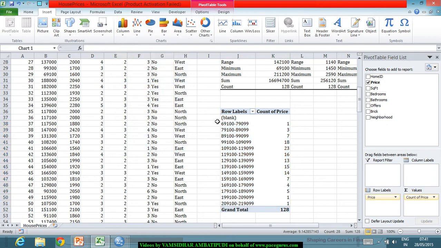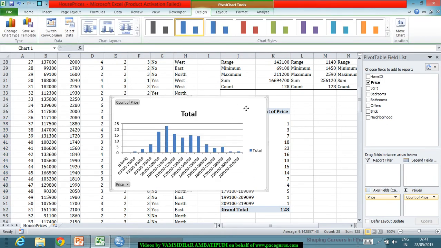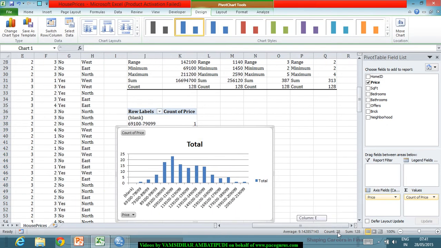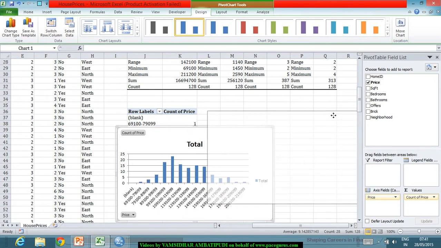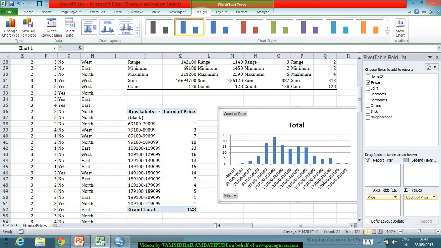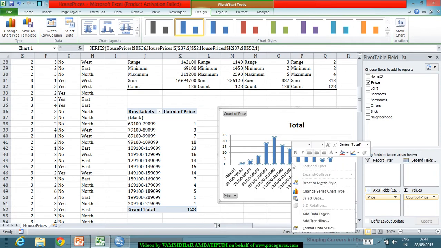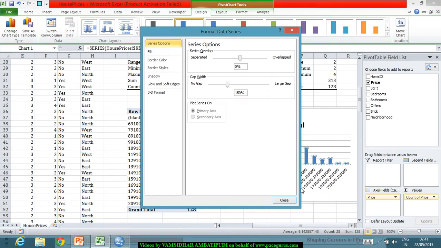I'll do an insert column chart, which can help me in plotting a histogram. And of course here the bars need to be as close as possible to each other, right? So I will do some formatting wherein I'll not put any gap.